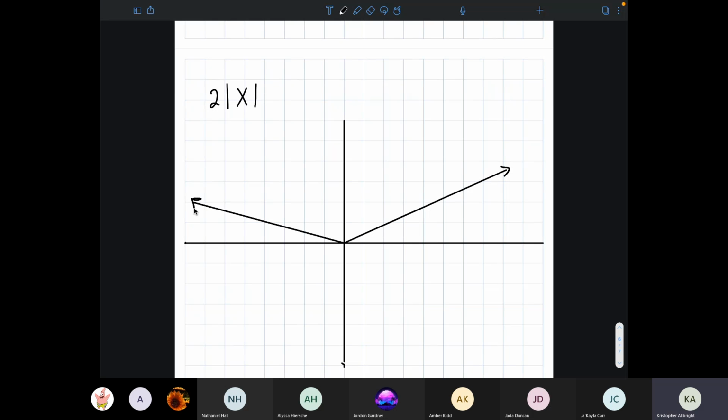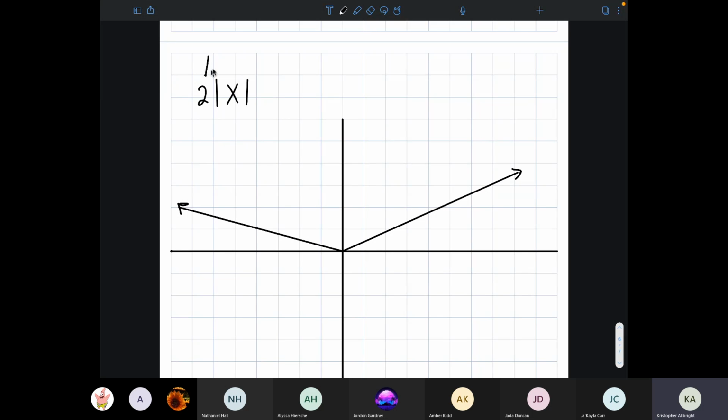So just knowing that multiplying here, something multiplied by your absolute value means that it stretches. If this number is less than 1, meaning it's a fraction or a decimal, like 1/2, that means that it is going to shrink. So that might be what your graph looks like.